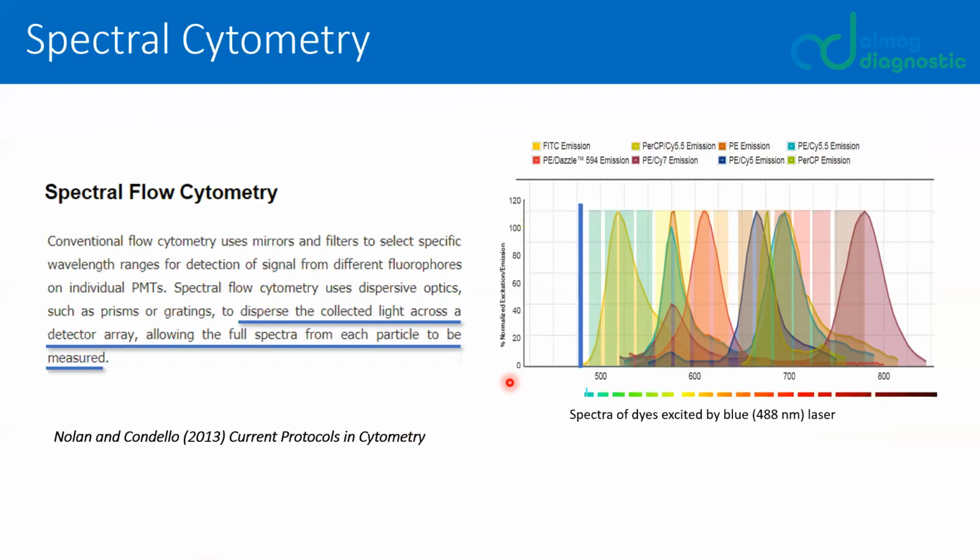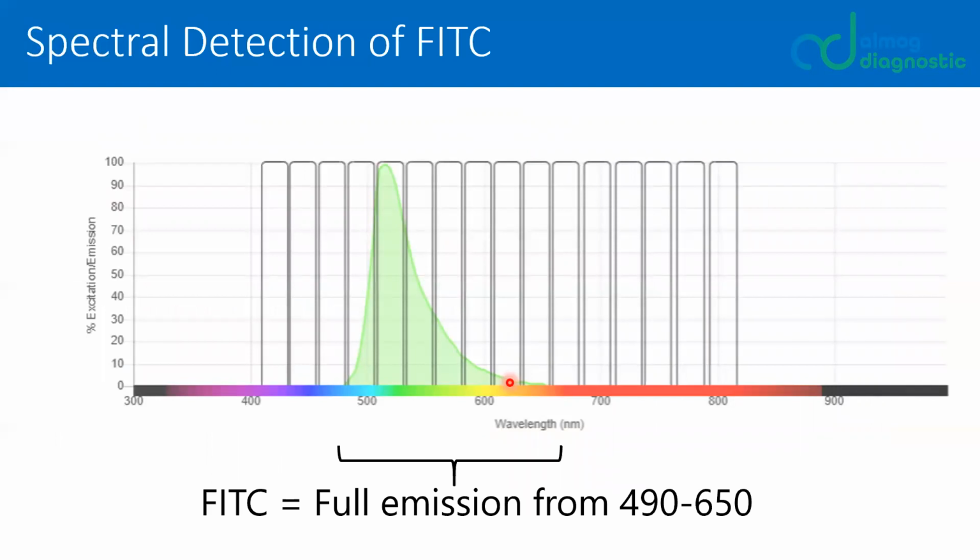If we're looking again at FITC's emission spectrum, you can see that looking at the entire spectrum, the emitted light is collected in each and every detector. And if we're looking at the full spectrum, we can now understand that FITC's full emission goes from 490 to around 650. So it goes from blue, green to yellow, orange, and it's not just green.